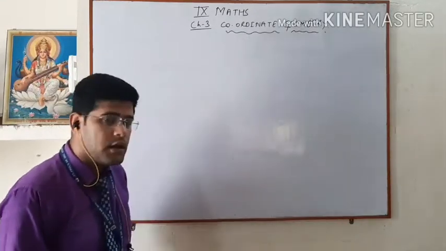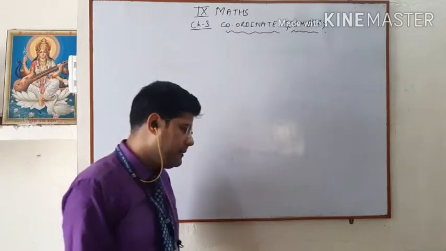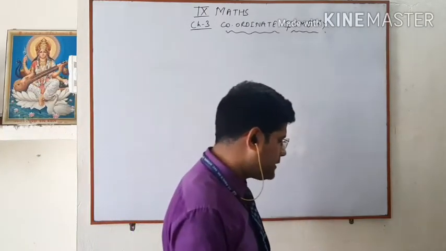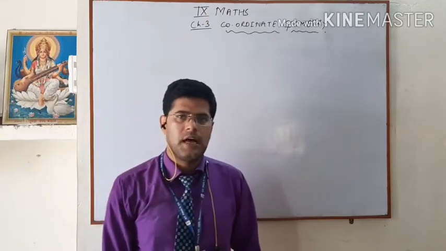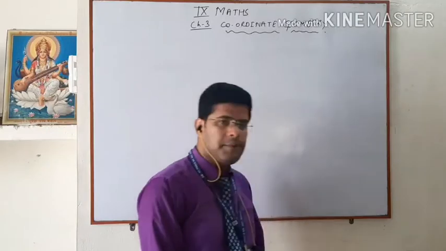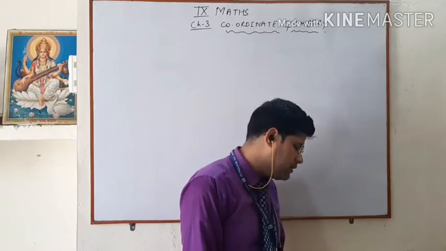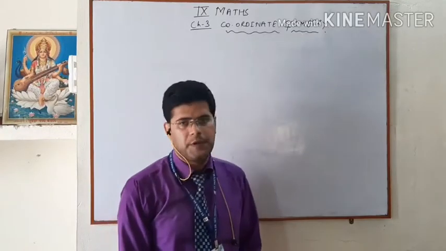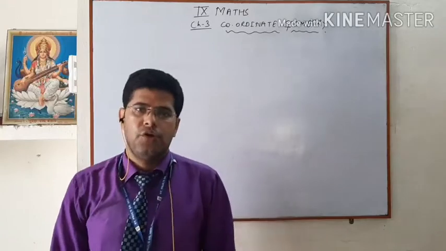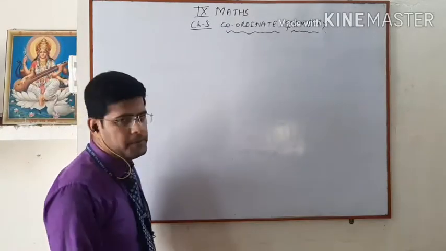If you open your NCERT textbook on page number 53, exercise 3.1, two examples are there. The first example is, how will you describe the position of a table lamp on your study table to another person? It means we have to locate a table lamp on a table.